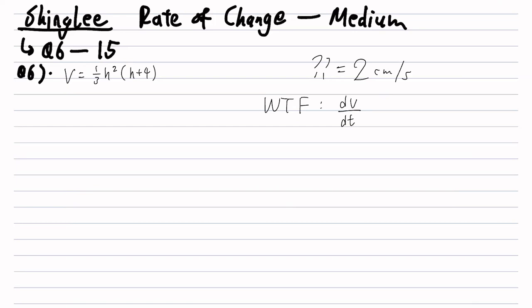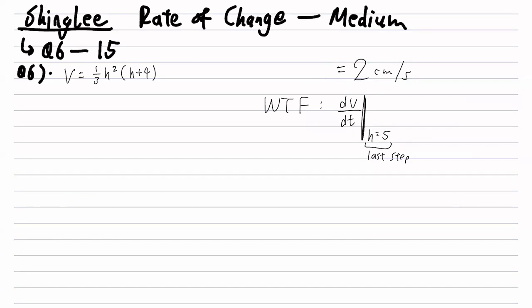When H equals 5. So do you sub in H equals 5 as a first step or last step? Last step. Okay. What was the given? 2 cm per second, the depth of the water increases at that rate.